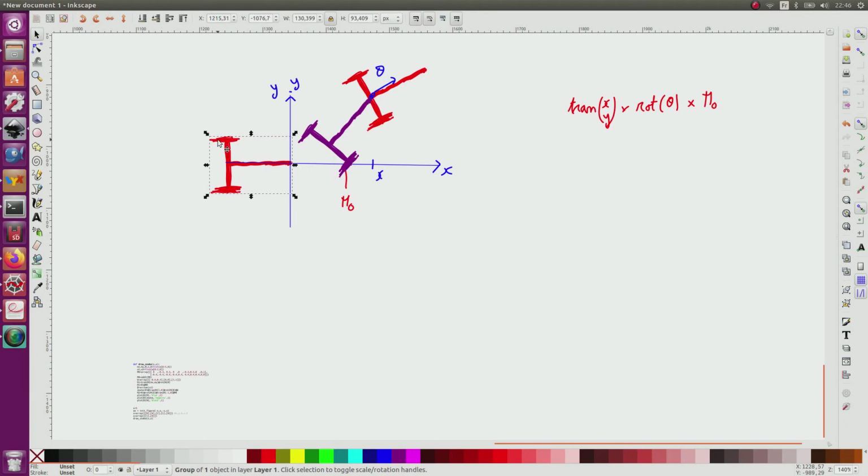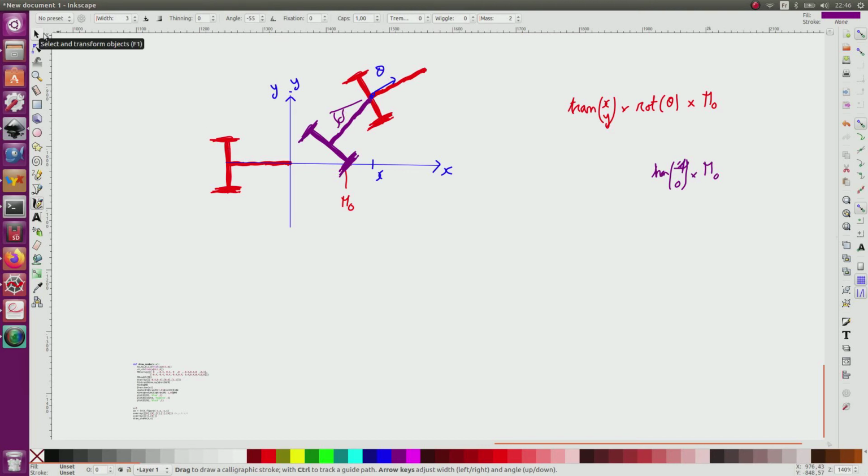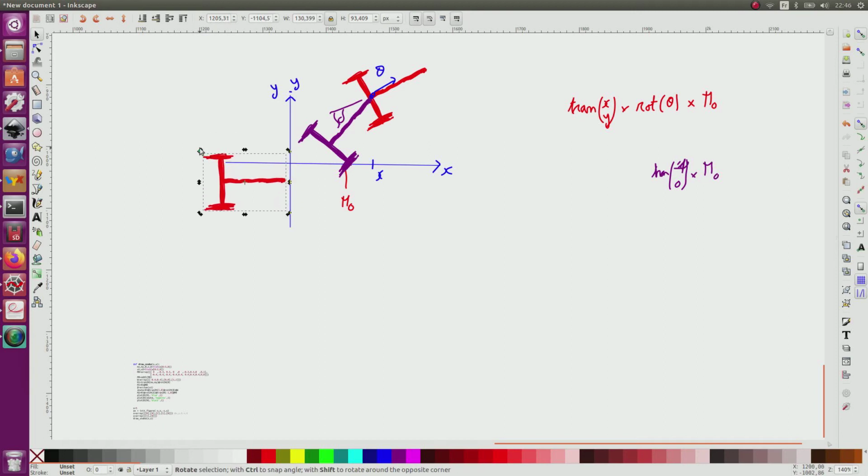Okay, so I take M0. I will translate by -1, 0, like this. And then if here it is my angle delta, I will rotate this one by an angle delta like this.